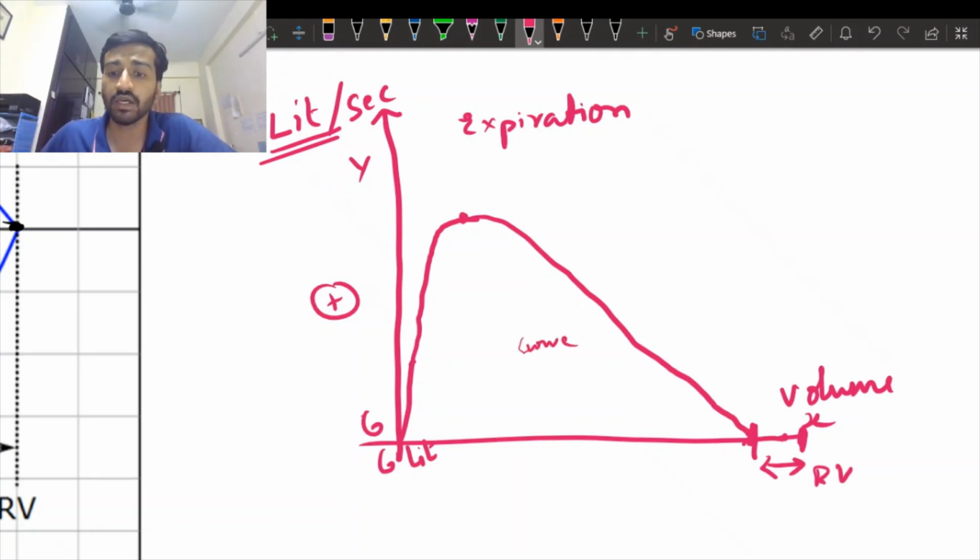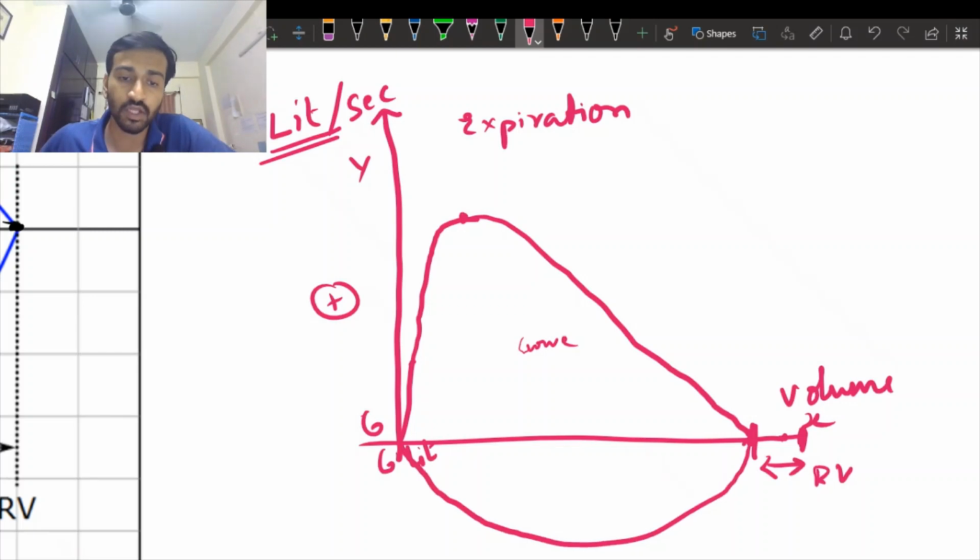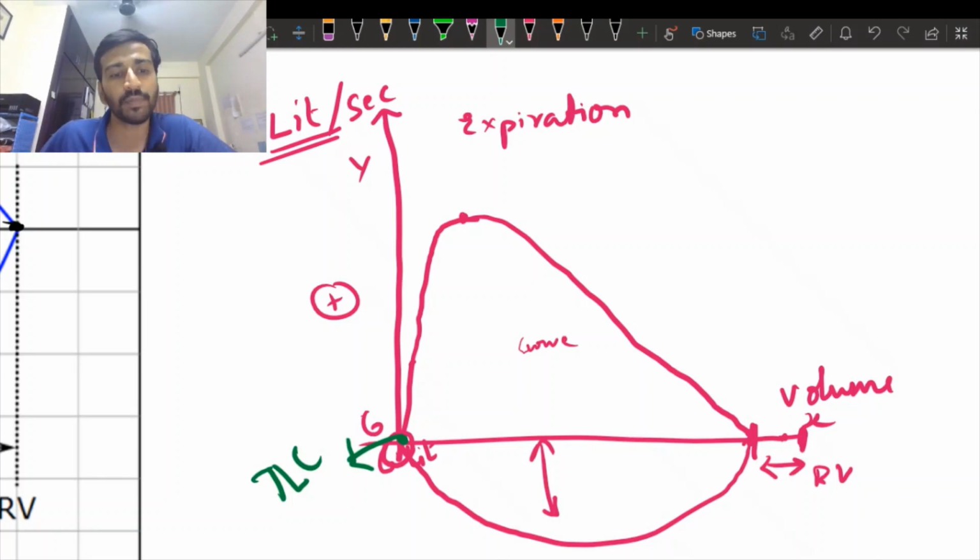Okay, here you are inspiring again to fill the same amount of air that you have expired. Okay, so here you are doing a deep inspiration. Okay, this total point is this point. Okay, let us change the color. This point is TLC, that is total lung capacity.